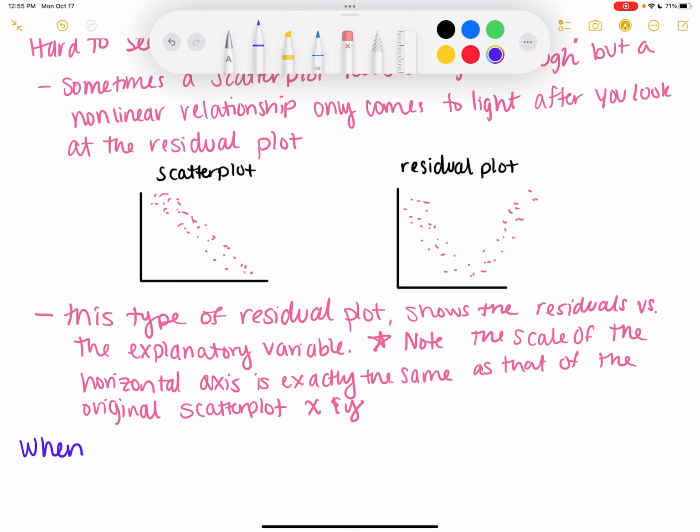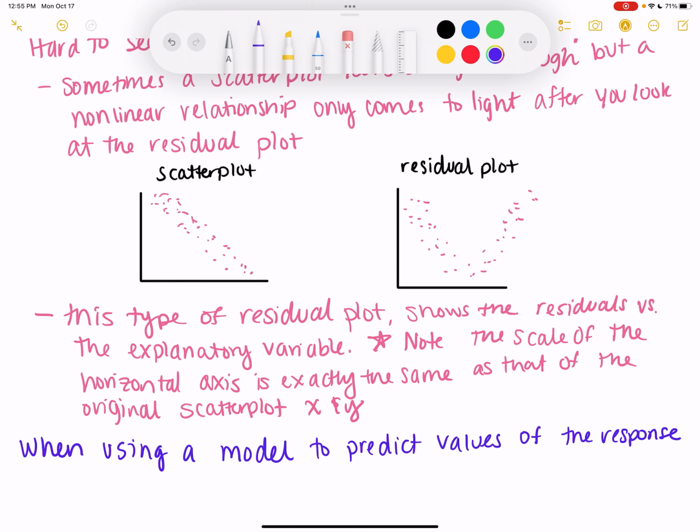When using a model to predict values of the response variable, 2 types of predictions can be made.